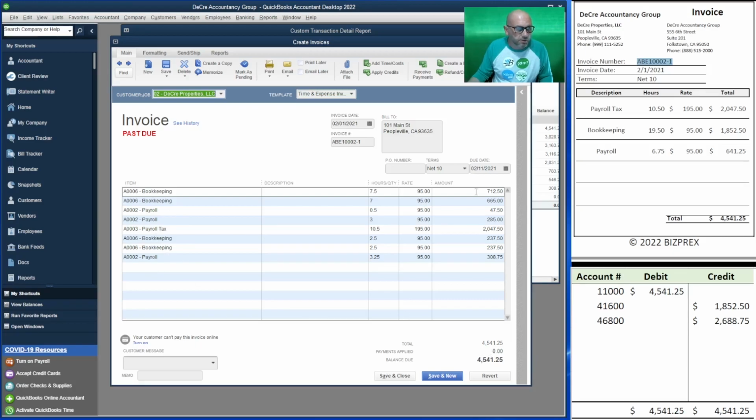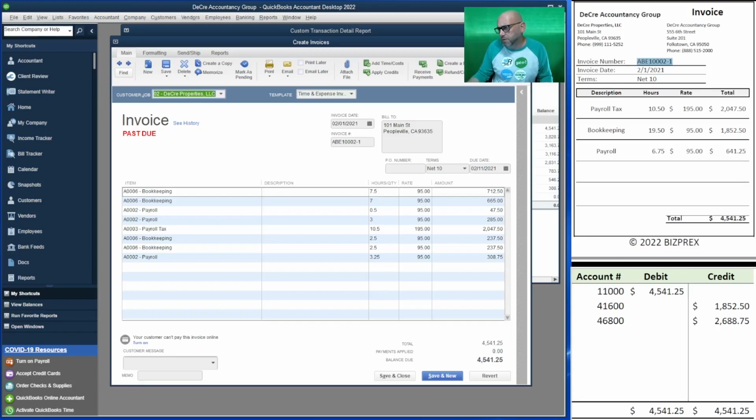You can see that this amount right here was a debit to account 11,000, accounts receivable. Accounts receivable as an asset went up, and then the distribution of these accounts, depending on what type of income it was, was a credit to the corresponding income account.